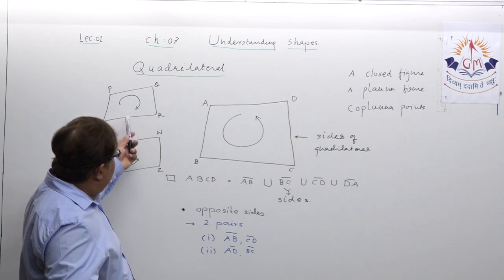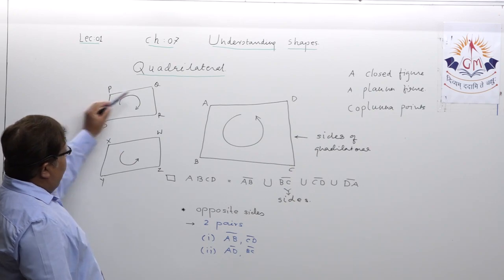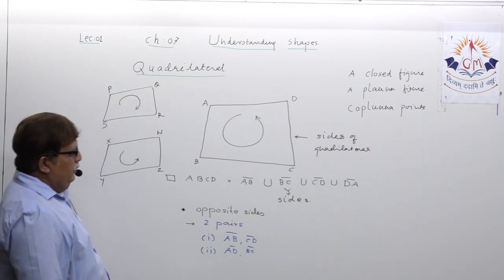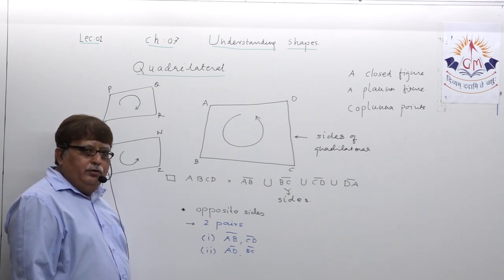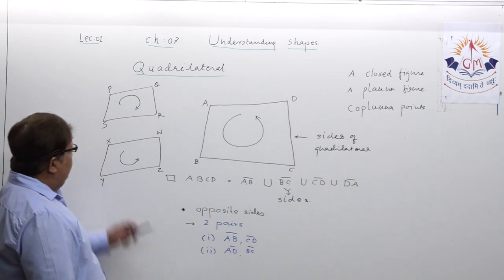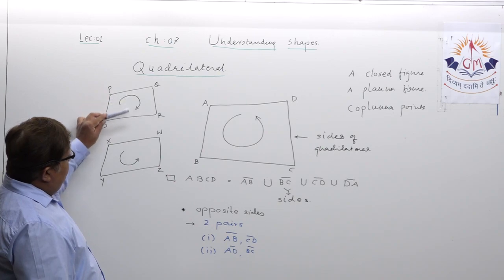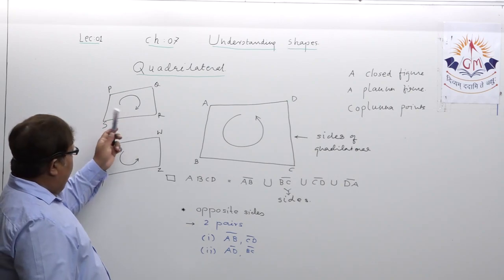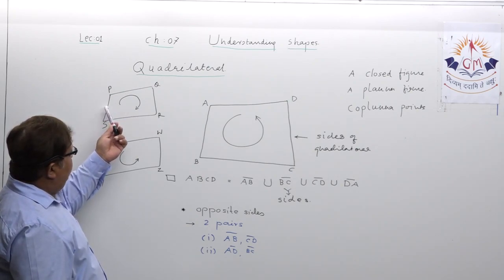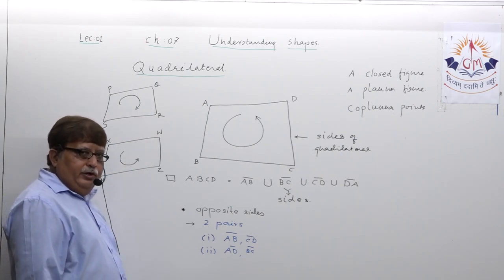Suppose here you just try to understand in this quadrilateral PQRS. Can you mention two pairs of opposite sides? First pair, speak out, PQ and SR, one pair. Can you speak out the second pair, PS and QR, two pairs of opposite sides?